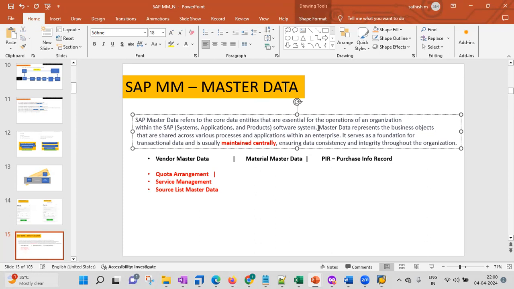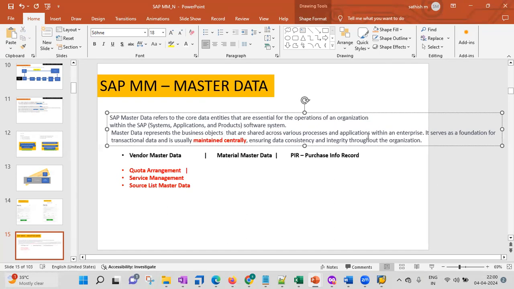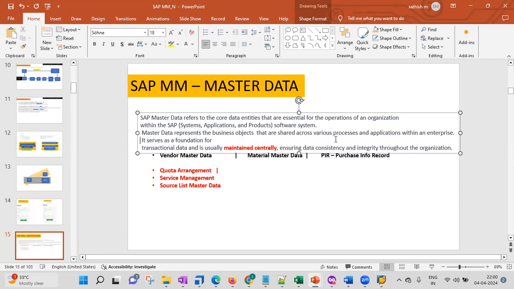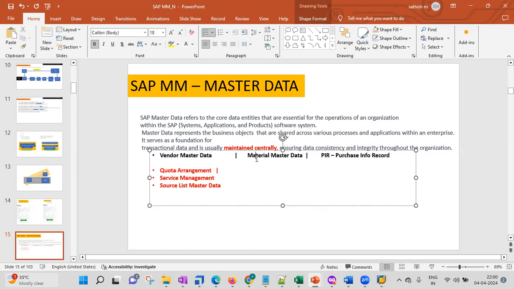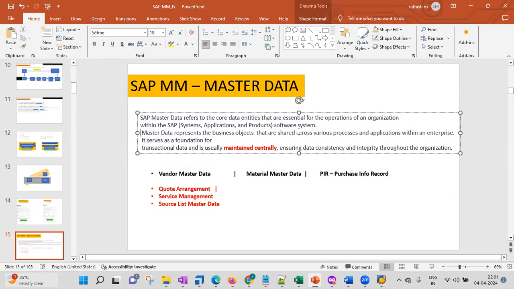So master data represents the business objects that are shared across various processes. Again, I'm repeating the second line.